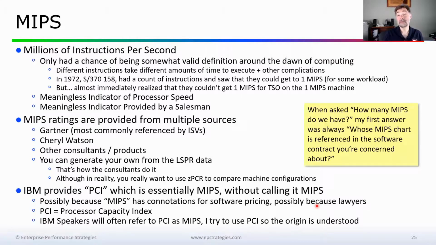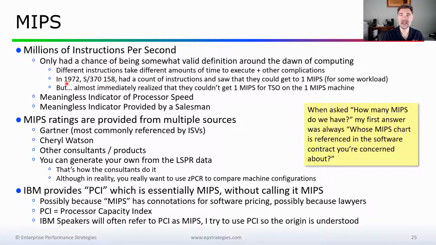Now, MIPS, the granddaddy. Everybody loves to talk about MIPS, which originally stood for millions of instructions per second. I personally prefer meaningless indicator of processor speed, because it does not mean that you're executing that many millions of instructions per second. The instructions take different amounts of time to execute. So there's no way to say that, oh, this is running X number of MIPS, because there's different instruction streams.